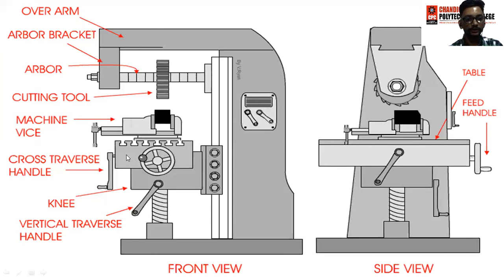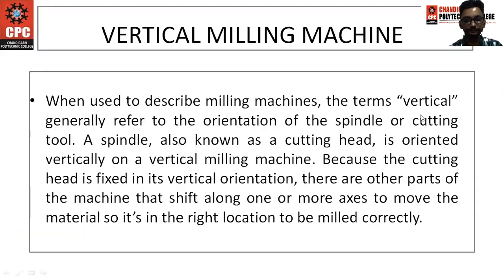This is a transverse handle which moves longitudinally this side, and this is a knee and vertical transverse handle, and it is called an elevating screw. This is a side view and this is a front view. Sorry, this is a front view and this is a side view.